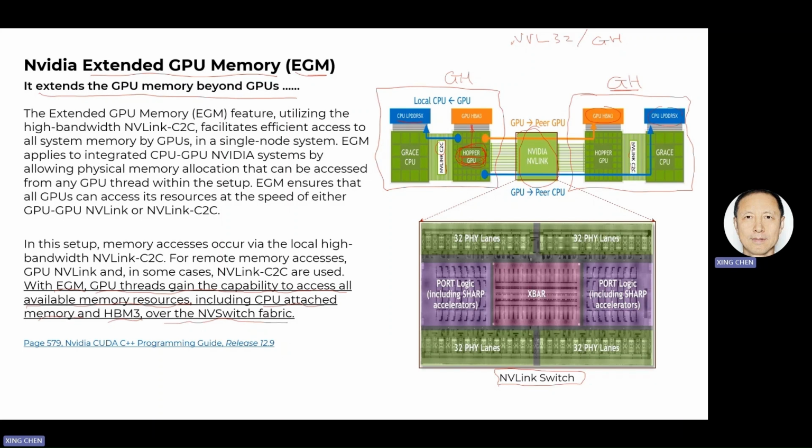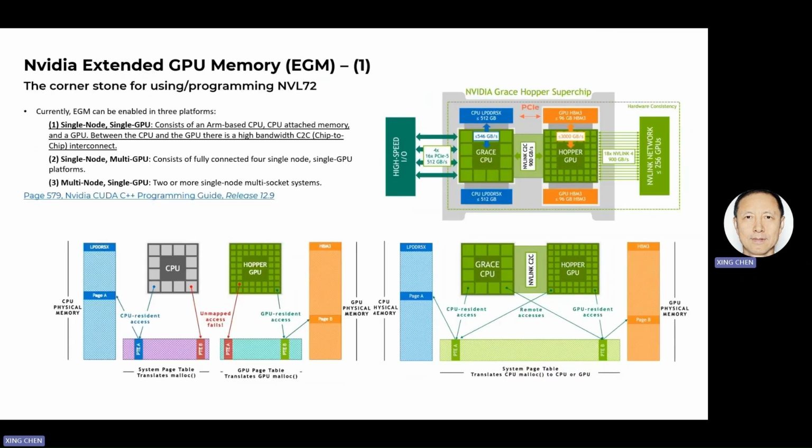But we need a little bit more technical detail regarding this EGM. Let's move on. In the document, Nvidia is saying that this EGM can be enabled on 3 platforms. Let's have a look at the first platform, which is single node, single GPU.